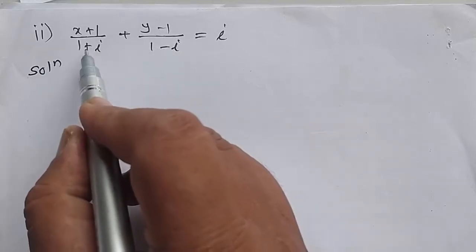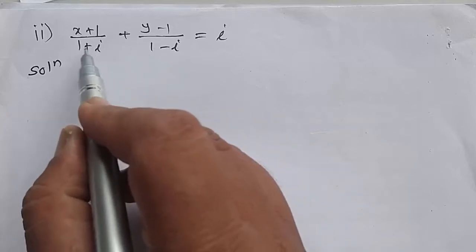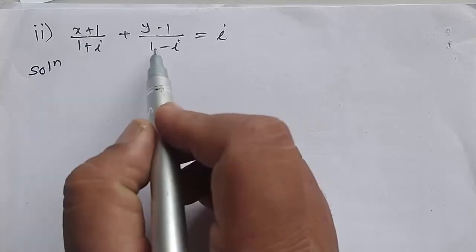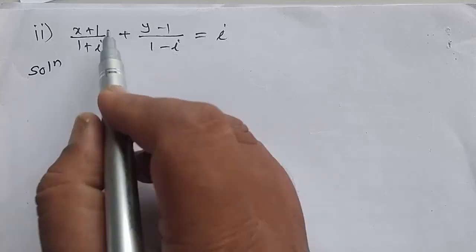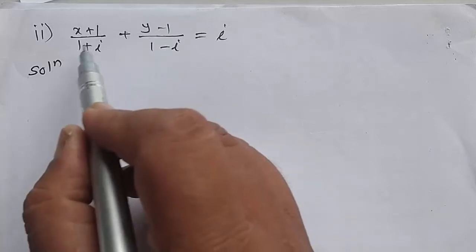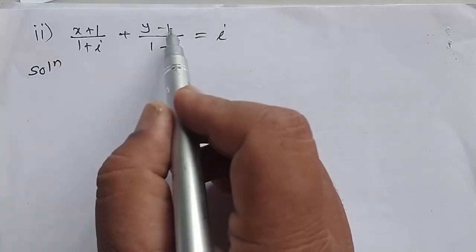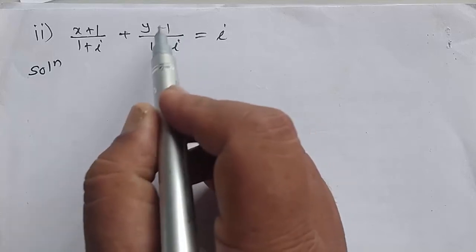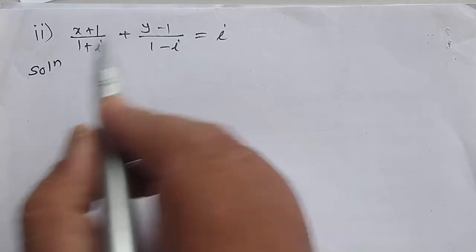The LCM is the product of these two brackets, (1 + i)(1 - i). So we multiply the first term by 1 - i in both numerator and denominator. Similarly, multiplying by 1 + i the numerator and denominator of the second term.